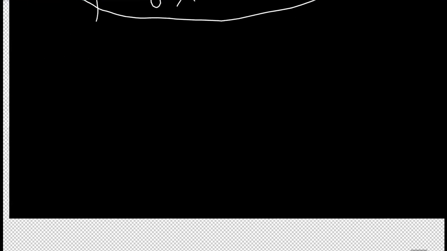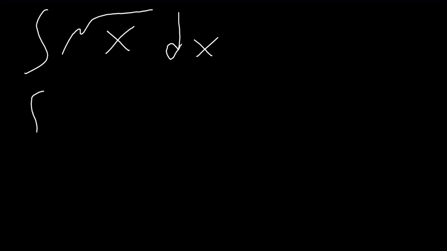Okay, so now let's try finding the antiderivative of the square root of x with respect to x. Like the last problem, this just requires you to write the exponent in a simpler form for us to work with.